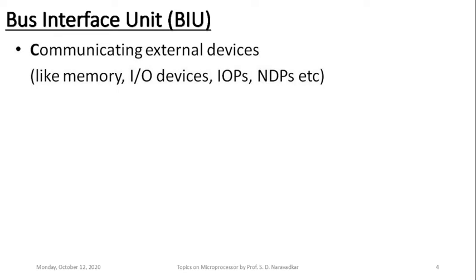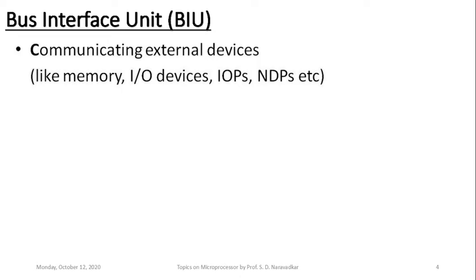here I want to take some of the details of that bus interface unit, BIU. The first function of that BIU is communicating with external devices. What type of devices are enlisted here?